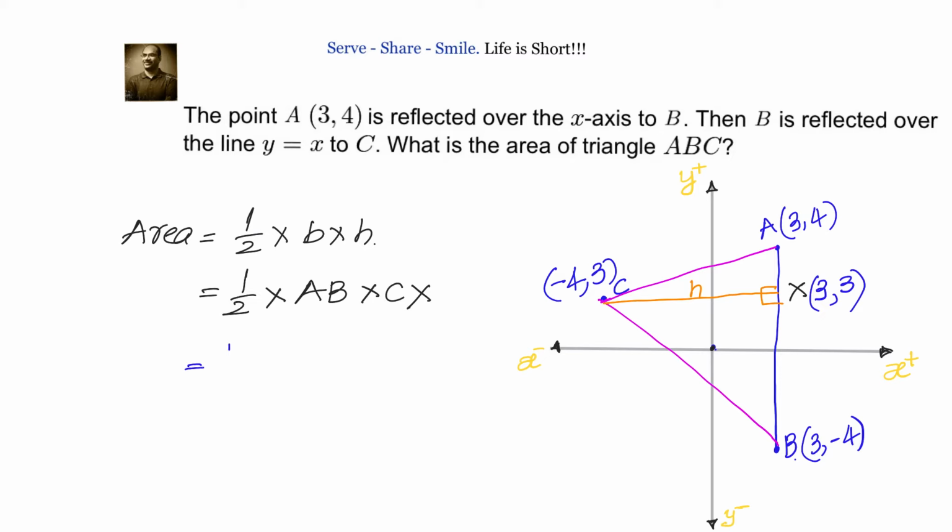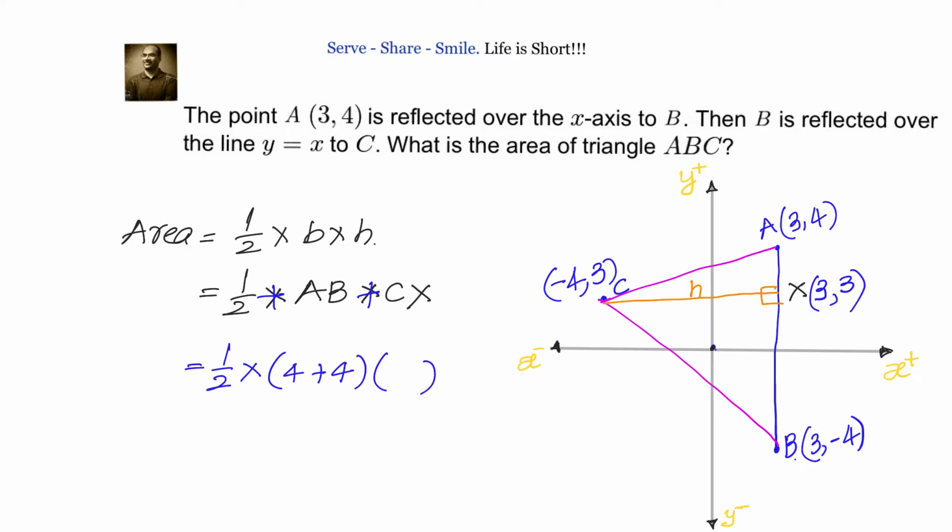Now what is AB? In a vertical line, the distance between 2 points is given by the difference of their y coordinates. So it will be 4 minus (-4), that is 4 plus 4, and multiply that with CX. Now horizontal distance is given by the difference of x coordinates.